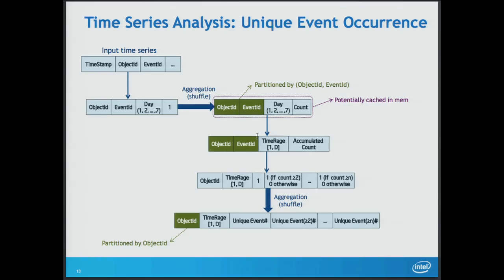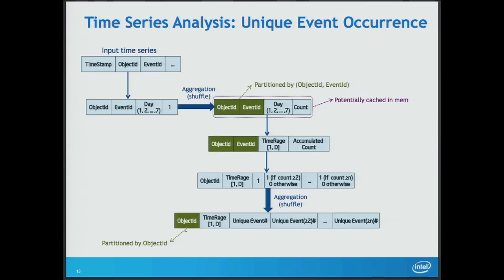And then once you compute that, you can generate something that actually looks like a word count. You essentially generate, for each object ID and time range, whether the event happened once, or whether it happened twice, and so on. And finally, you aggregate across all object IDs, and you can compute the final result.